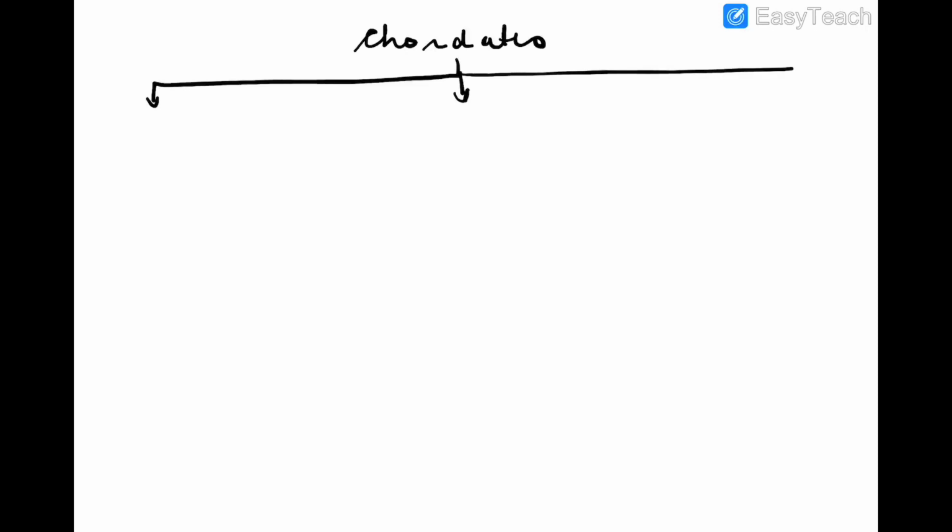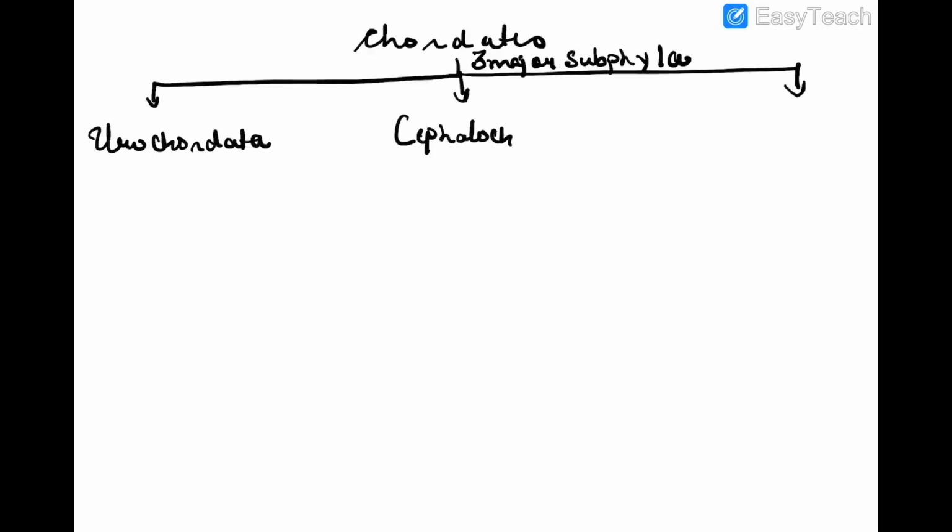Now let us understand the different subphyla under chordates. Chordates are divided into three major subphyla, that are Urochordata, Cephalochordata, and Vertebrata.